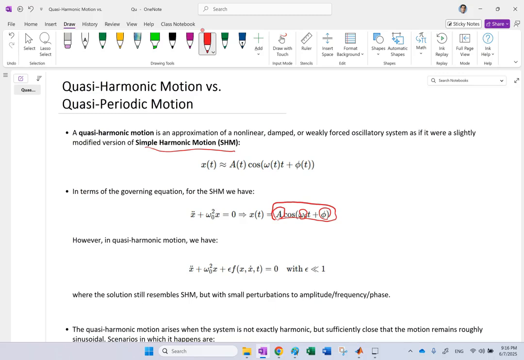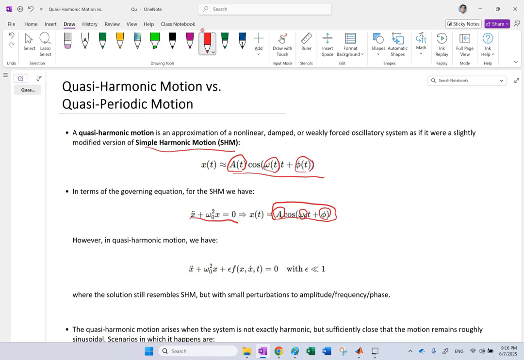And that's, for instance, what you can see in a mass spring system or in any system with a second order linear ODE that does not have the first derivative term and is homogeneous like that. Okay? Now, a quasi-harmonic is where the solution to the governing equation looks very similar to the simple harmonic, but your amplitude, your frequency, your phase, or any combination of them is not necessarily exactly constant.